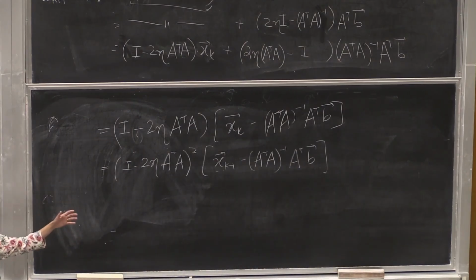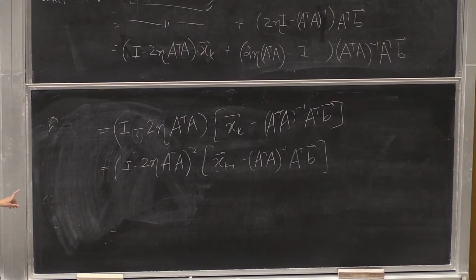Right? Can I keep going? Yes, question? You have to flip the sign because over there it's I minus 2 eta. Yeah, that's why I have a minus sign there. Oh, okay, thank you.